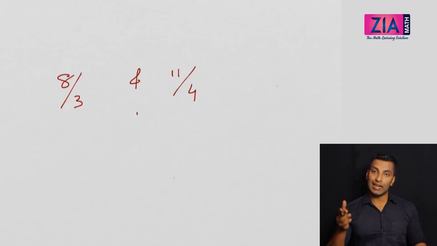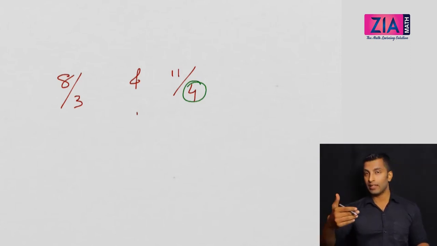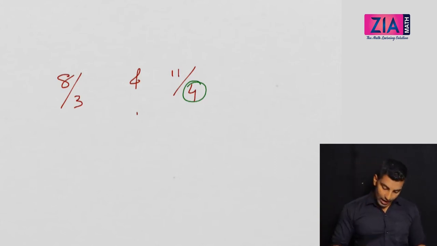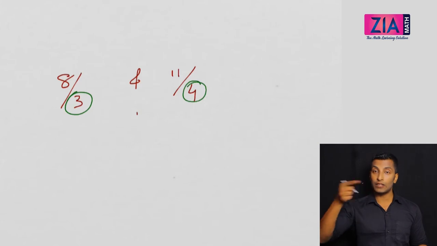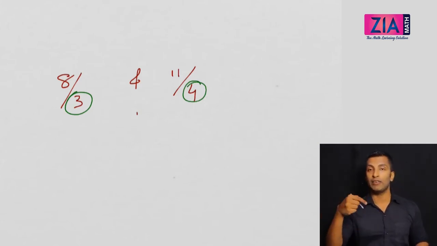So rather than doing that, what we can do here is either make this denominator 4 as 3 by dividing 4 by the required value and making the necessary change in the numerator, or you can convert this 3 as 4. Then you'll have to multiply 3 with something so that you get 4. The advantage is both denominators will be the same, and you see what the numerator is.